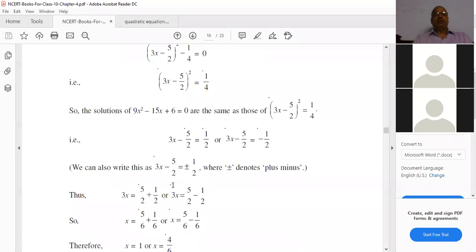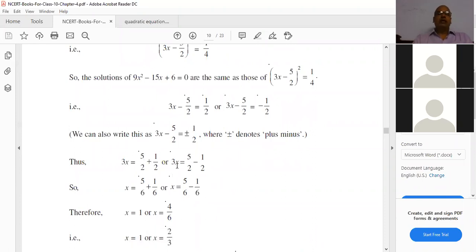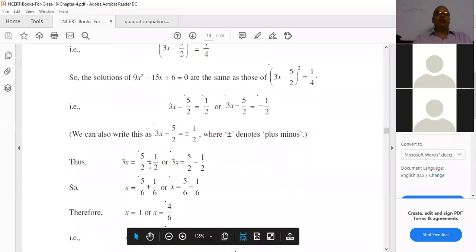So take the first positive value, transpose 5/2: 3x equal to 5/2 plus 1/2. Next the negative value: 3x equal to 5/2 minus 1/2. Here LCM, 6 by 2 is 3.